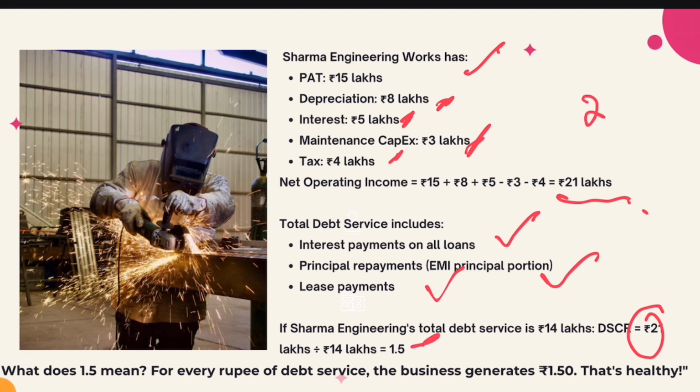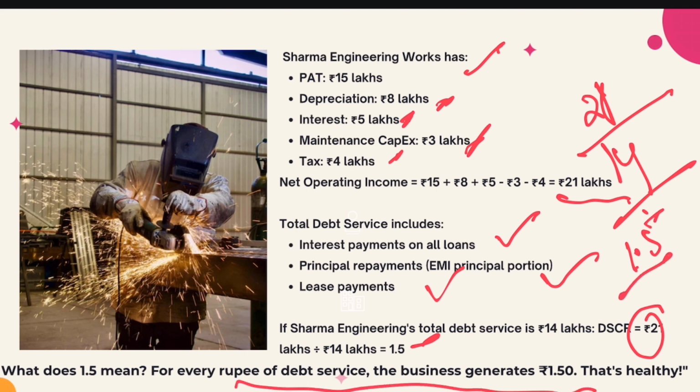Okay, simple, right? Okay, it is coming 1.5. Now what does this mean? It means for every rupee of debt service, the business generates 1.50 rupees. That is healthy, right?